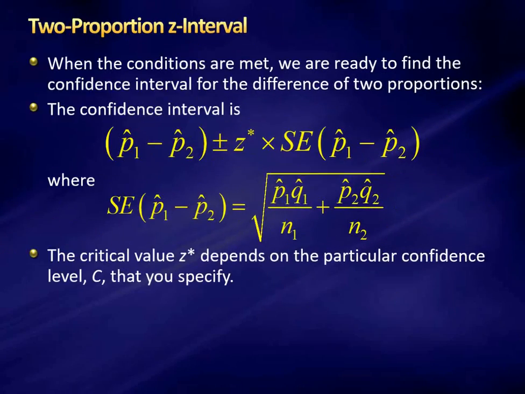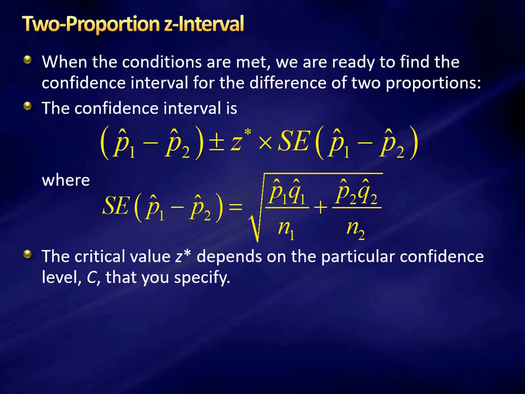Some other things also change. So when we're talking about our 2 proportion Z interval, I want you to understand, guys, this is still the same thing. Observed difference, P1 minus P2, plus or minus test statistic. Exact same policy to follow. How do you find your test statistic? Inverse normal.